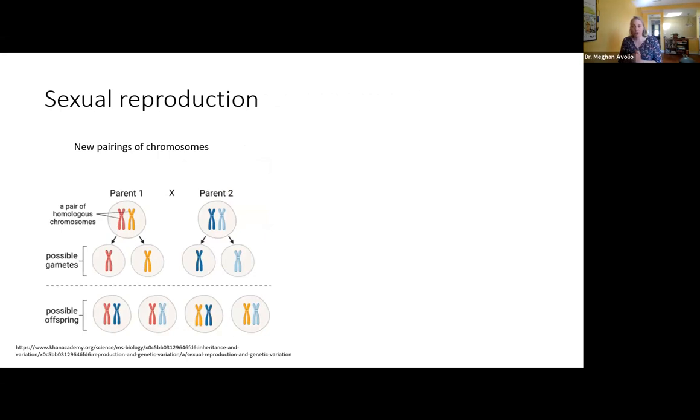These new combinations of chromosomes will result in new combinations of alleles, and these new combinations of alleles will result in different phenotypes. So here the chromosomes of the parents are in all these new possible pairings, and this is resulting in different genetic diversity within the population.